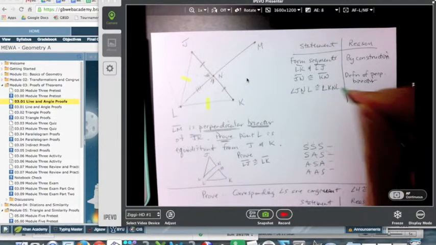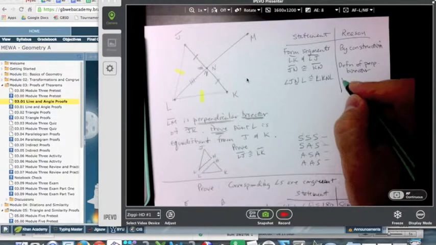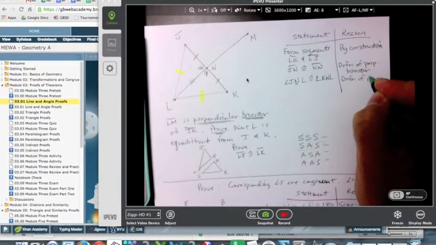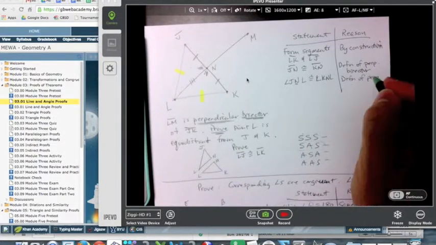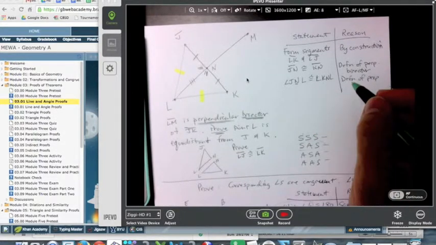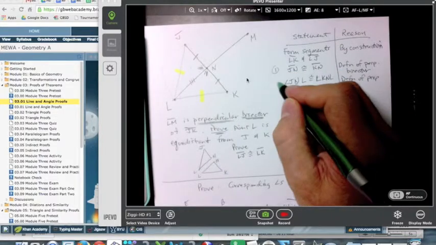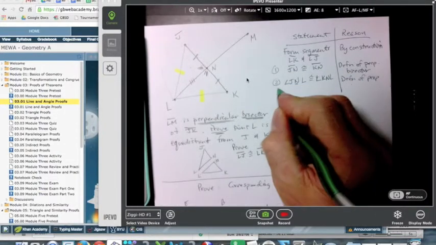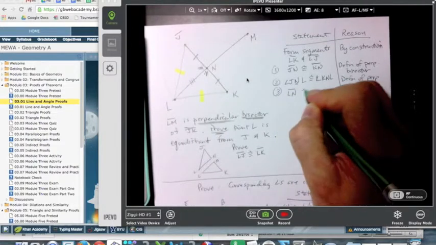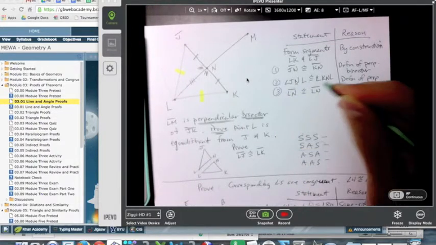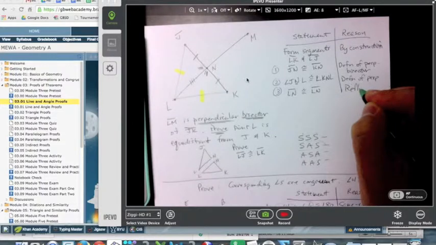And that's, you could say, is definition of perpendicular or bisector. That's the second piece. So now we have 1 piece, 2 pieces. We need that 3rd piece. And we got that by segment LN is congruent to segment LN. And that's the good old reflexive property.